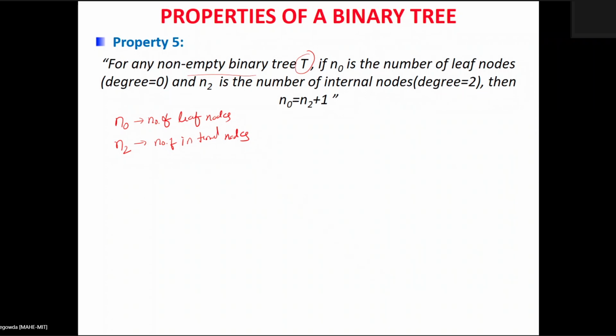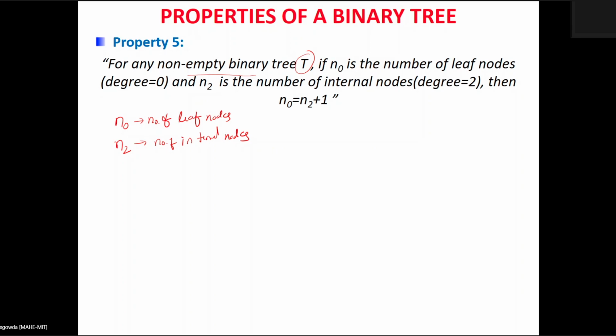How do you define the degree of a node in a given tree? The degree of a node represents the number of children. If a node has degree equal to 2, that particular node has 2 children.